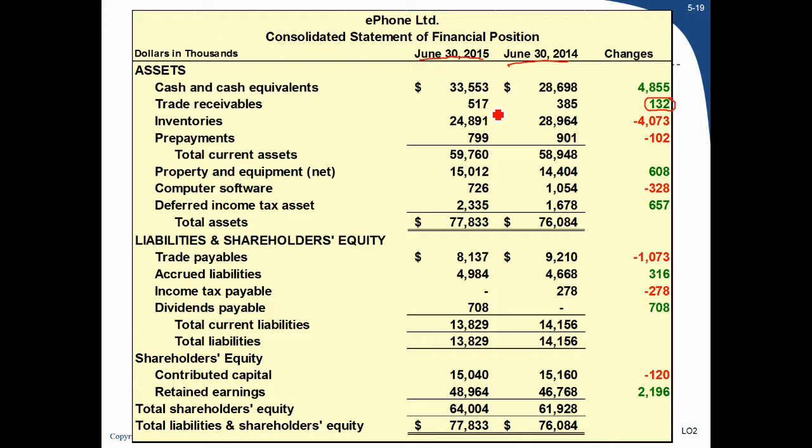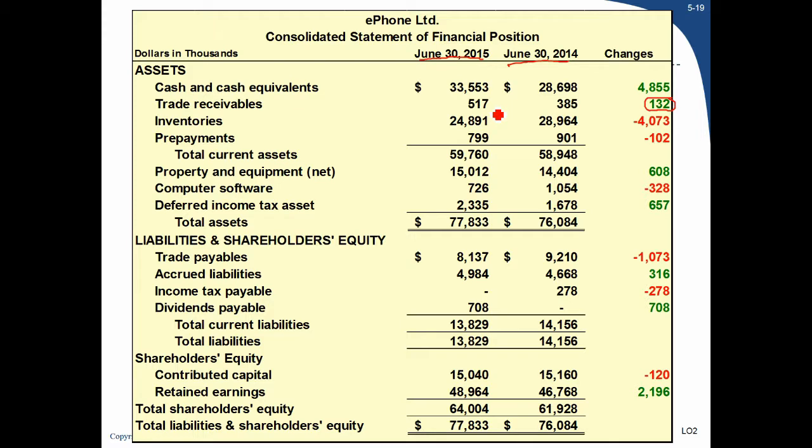But we are going to say, hey, we received $385 of cash from a sale we made last year, but our customer finally paid us. So we're going to count that as revenue this year if we were using a cash basis of accounting. What's the net impact? We're increasing cash by 385 and then decreasing cash by 517.